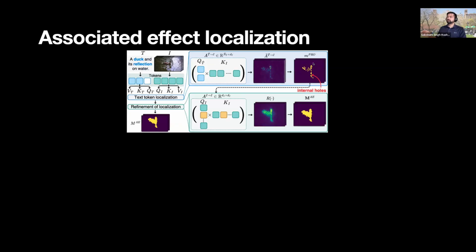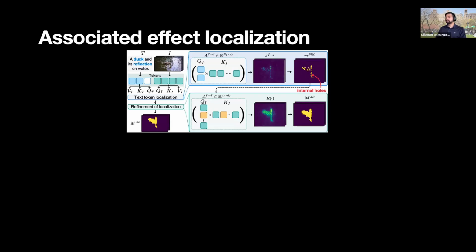But due to the text and visual having weaker correlation, we find that we still have internal holes in it, and it's not compact as a mask. And so we do another refinement of it. We try to find the visual patches which are highly correlated to it, and then we threshold it.